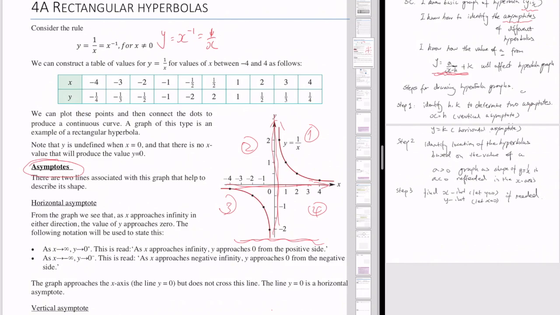In another way, I could say an asymptote is a line that a curve is trying to approach, but it never reaches. So you see here, the x and y axes are the two asymptotes of the hyperbola. These two curves are trying to approach the x and y axes, but they will never reach them.